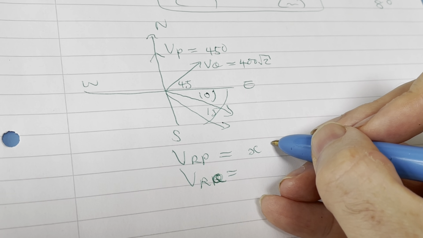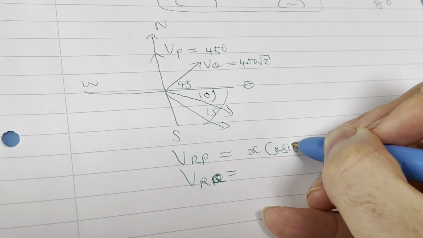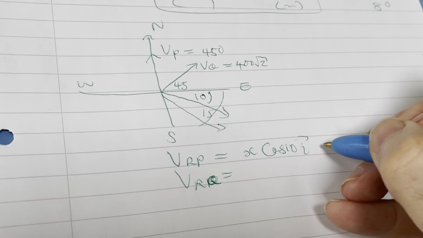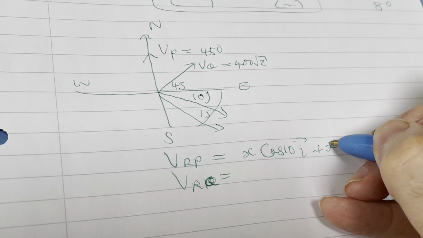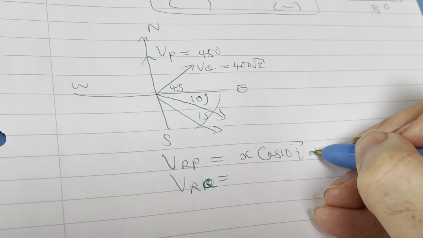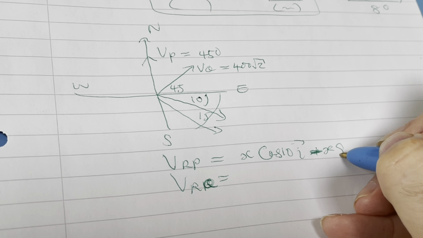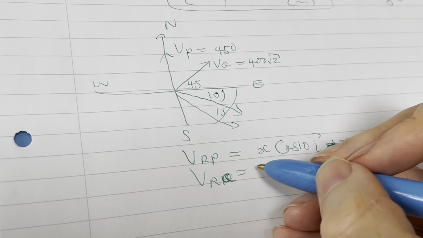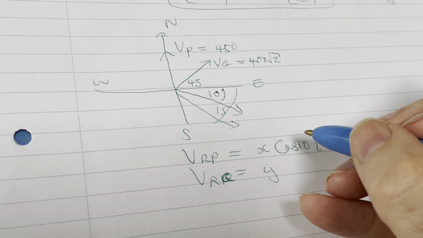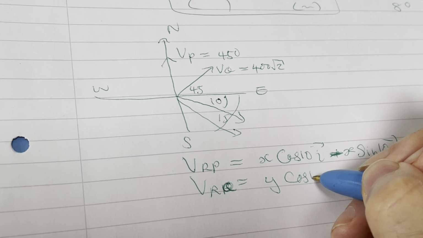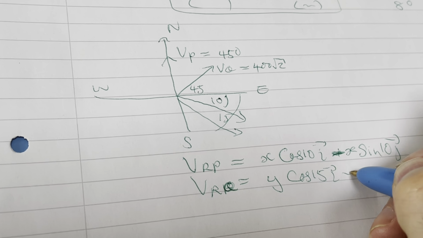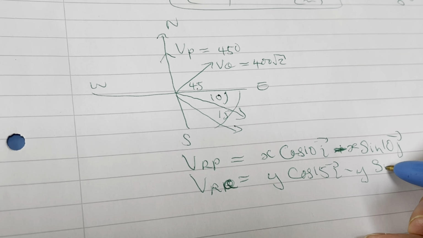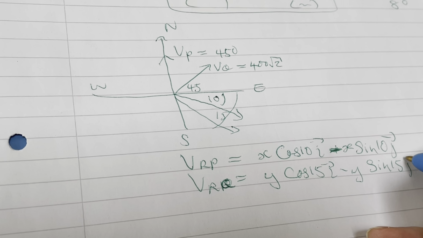So it's going to be X cos 10 I minus X sine 10 J. This one, let's call the magnitude Y. So Y cos 15 I minus Y sine 15 J.